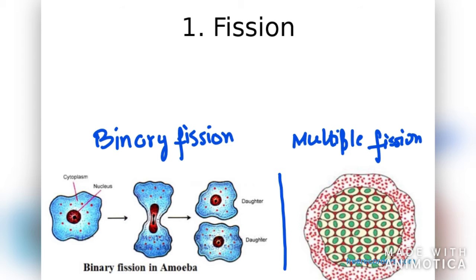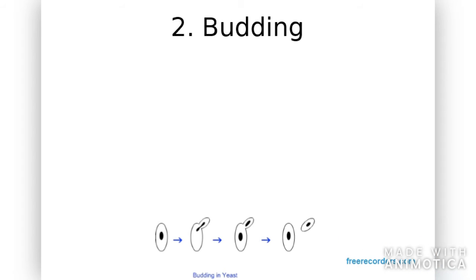Now moving on to budding. When we talk about budding, you can see there is a bud on a yeast body. This is the bud. A bud develops as an outgrowth on a parent body due to repeated cell division.